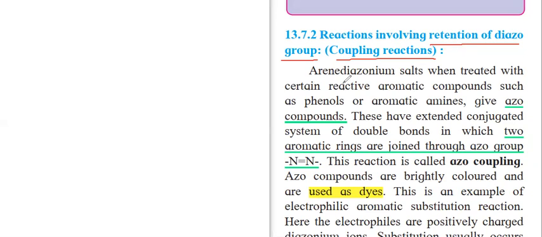Now see, when the arene diazonium salt is treated with certain reactive aromatic compounds, such as phenols or aromatic amines, they give azo compounds. The compound must be a reactive aromatic compound, this is also an important condition.